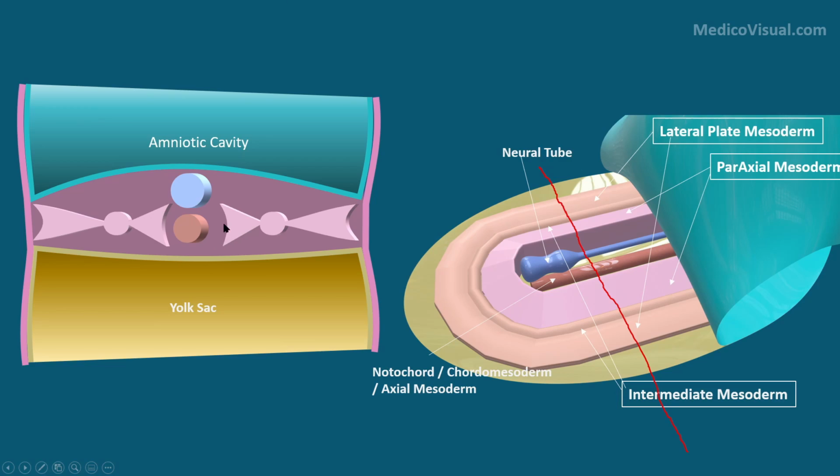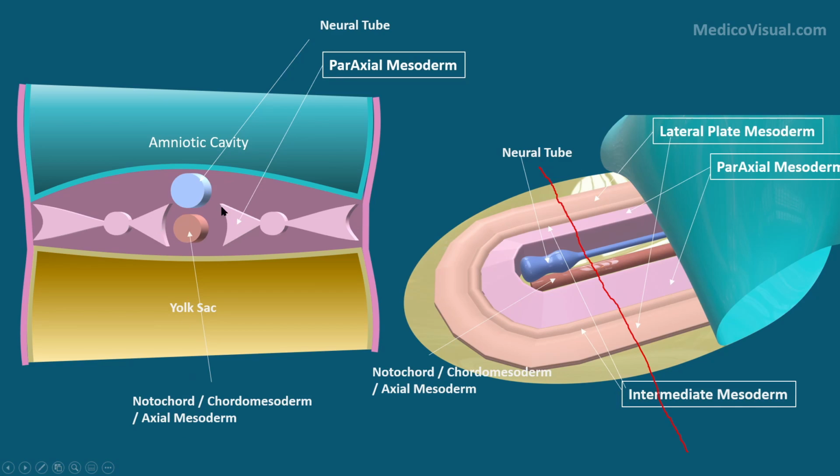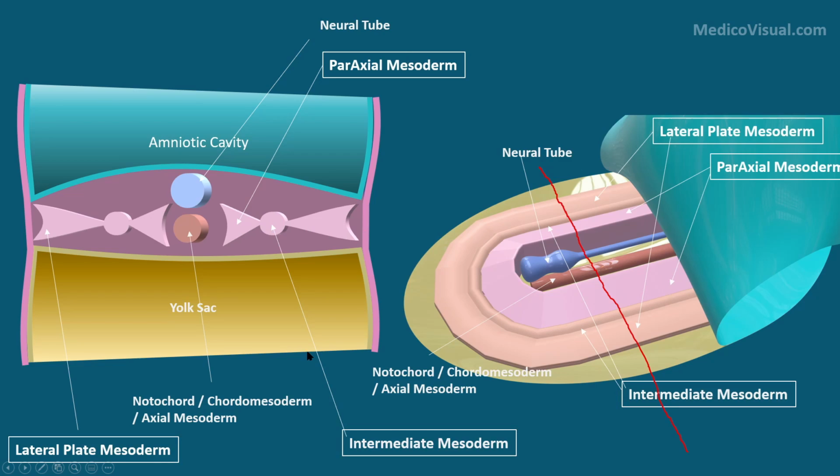So here we have a cross sectional view of these components of the mesoderm, and here again the neural tube, and ventral to the neural tube is the notochord or axial mesoderm, and parallel to this axial mesoderm is bilaterally the paraxial mesoderm, and of course here is the lateral plate mesoderm, right lateral plate as well as left lateral plate mesoderm, and in between them this part is the intermediate mesoderm. Now these are the components of intraembryonic mesoderm.